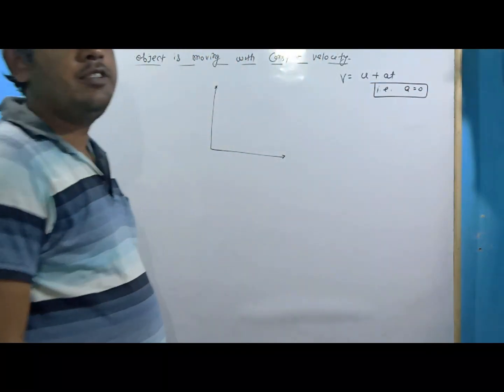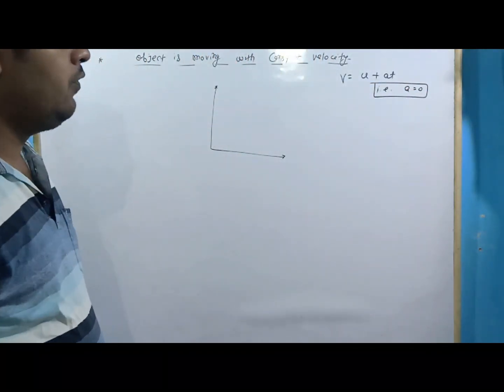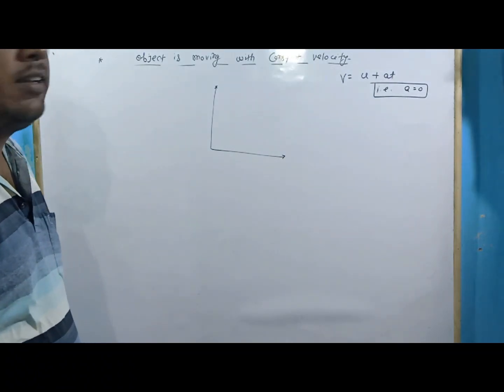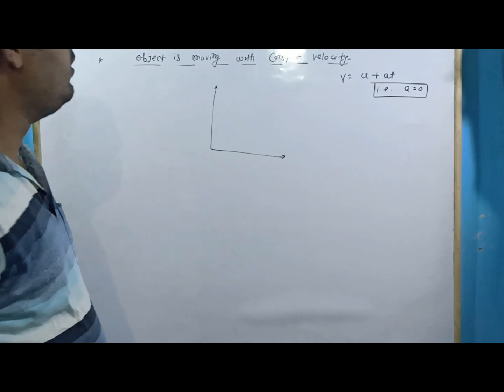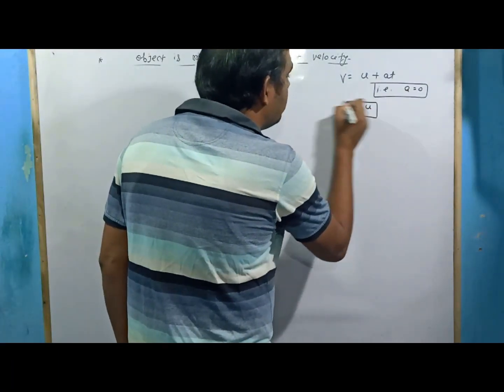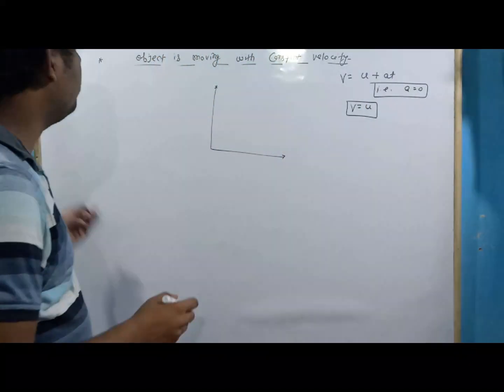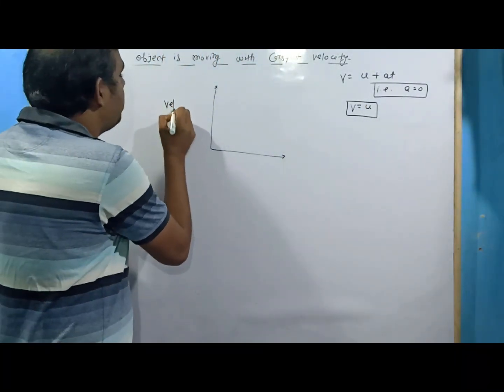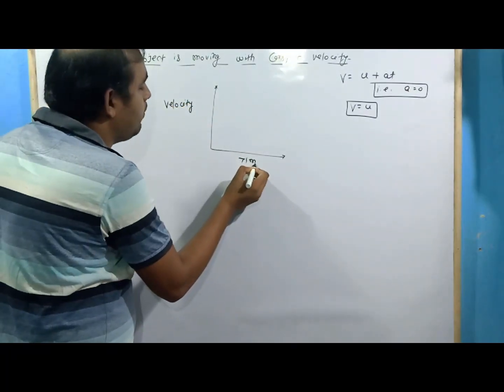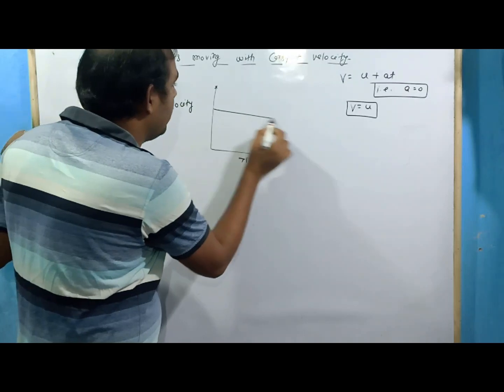And if a is equal to 0, what should the velocity time graph be? It can be written as v equal to u. And if v is equal to u, the velocity time graph can be drawn like this.